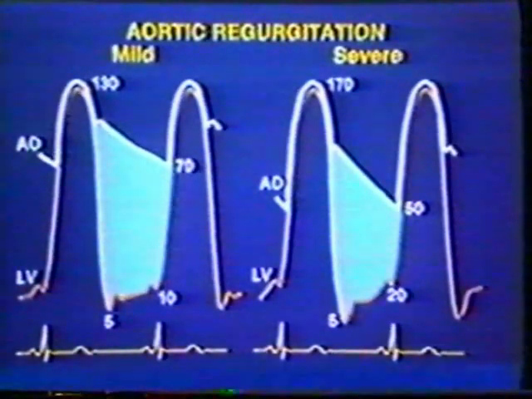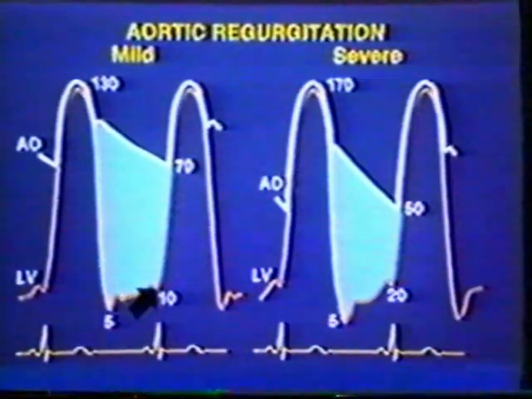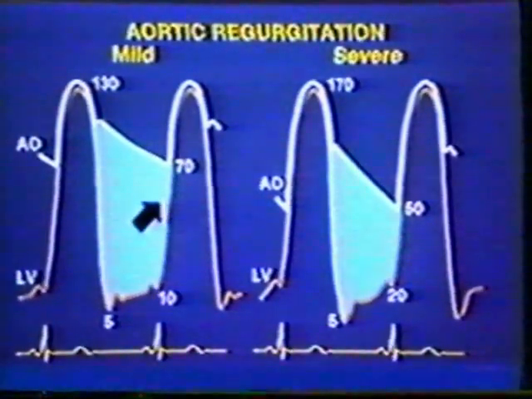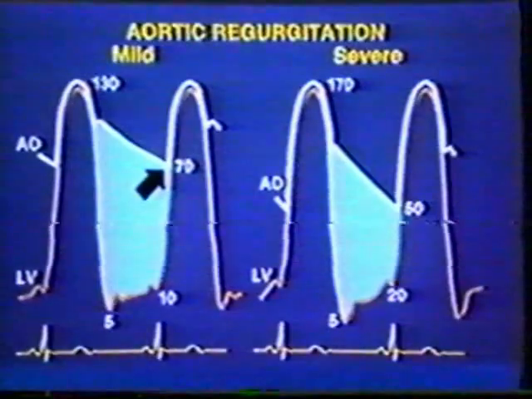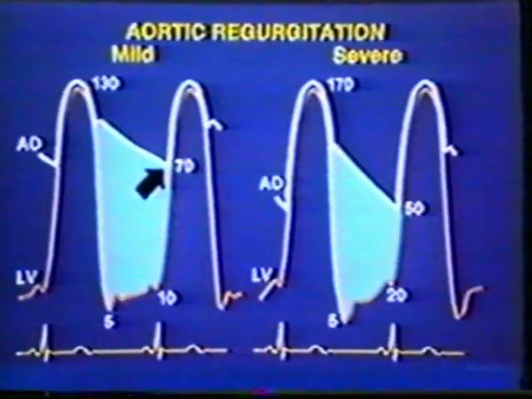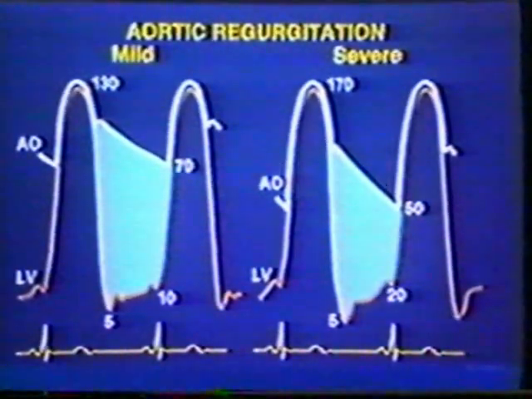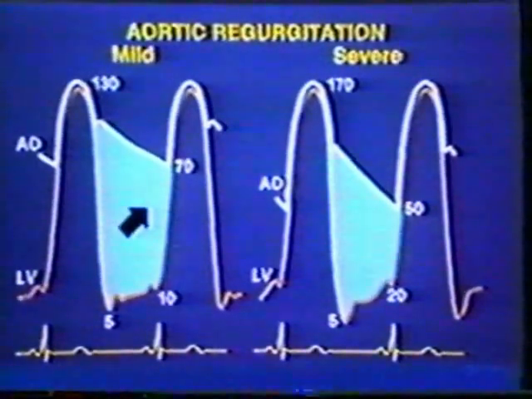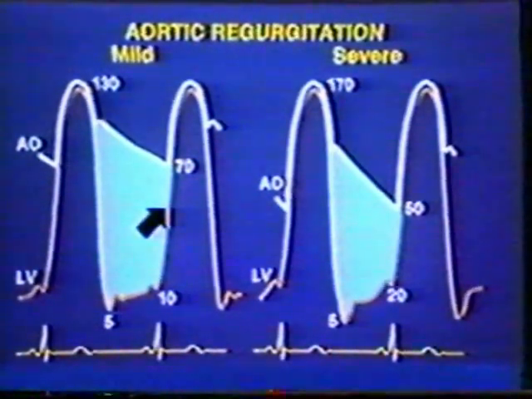With mild aortic regurgitation, the left ventricular end diastolic pressure is normal. The pressure gradient between aorta and left ventricle at end diastole is still quite large. This means that the rate of change in the pressure gradient is small, and we would expect a prolonged pressure half-time.